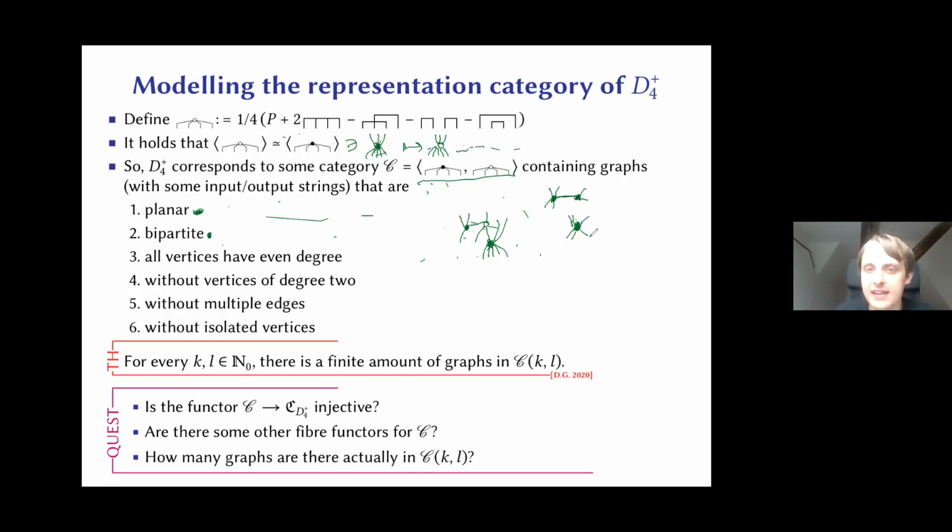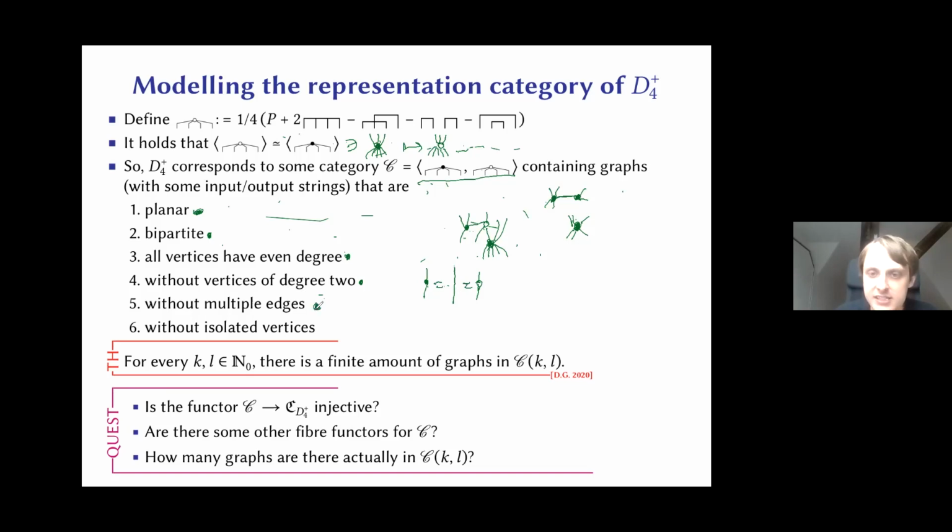And since those black and white vertices are isomorphic, I can do the same thing for the white vertices. All the vertices have even degree, because I use those even degree generators. And there are no vertices of degree 2. Why is that so? If I had some vertex of degree 2, either black or white, I can say that this equals just a simple string. So I can remove all vertices of degree 2.